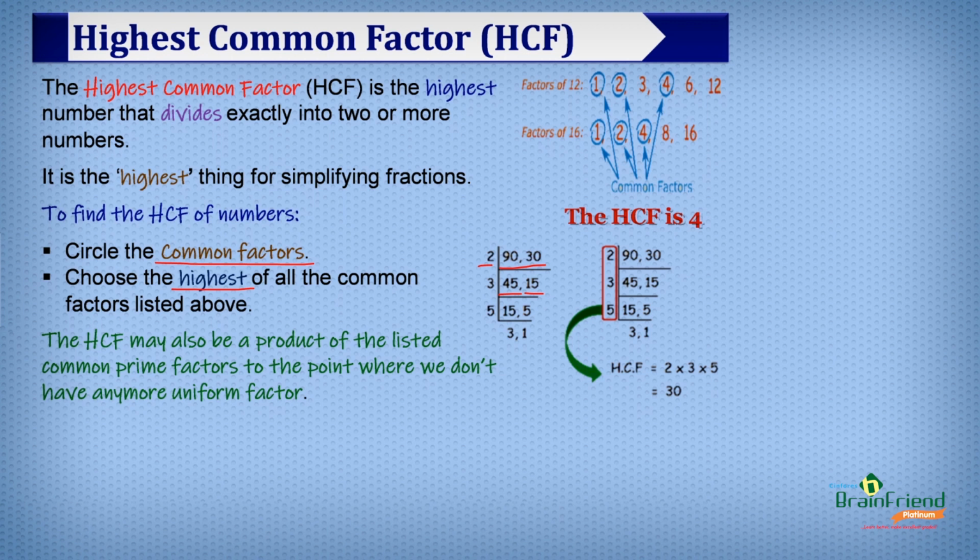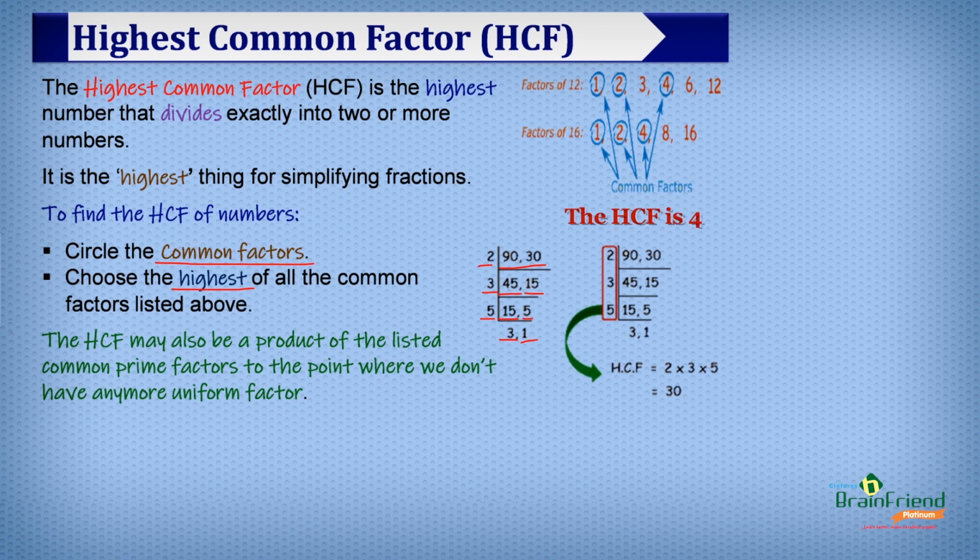So we take the next prime factor, which is 3. 3 into 45 gives us 15, and then 3 into 15 gives us 5. Now you realize that 15 and 5 can no longer be divided by 3, but we can have 5 divide 15 and 5. So 5 into 15 gives us 3, and 5 into 5 gives us 1.